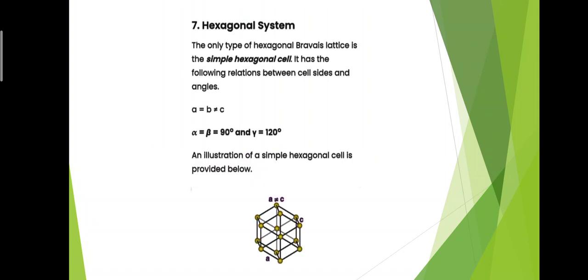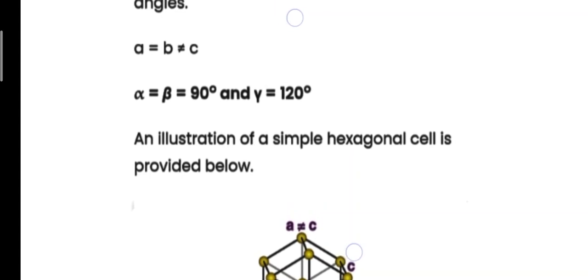Now, hexagonal system. The only type of hexagonal Bravais lattice is the simple hexagonal cell. It has the following relations between cell size and angle. A is equal to B is not equal to C. Alpha is equal to beta is equal to 90 degree and gamma is equal to 120 degree.